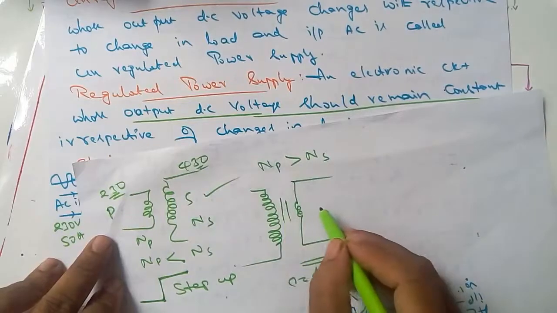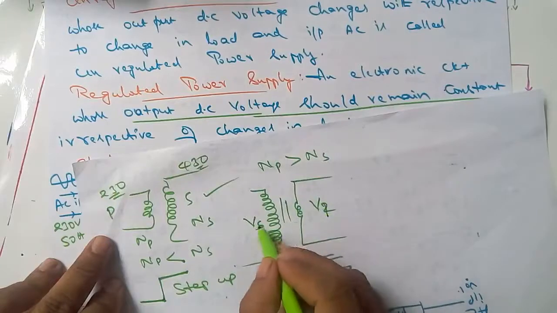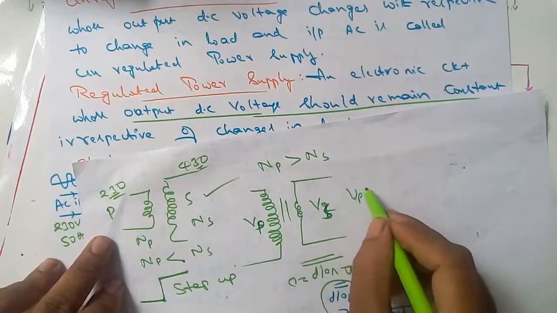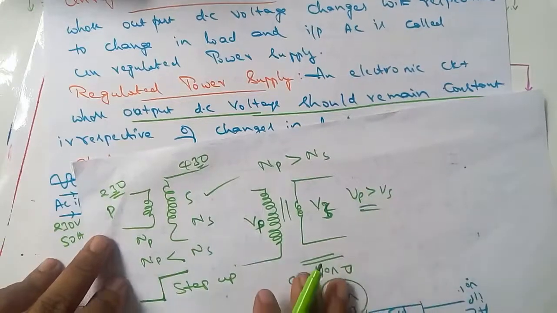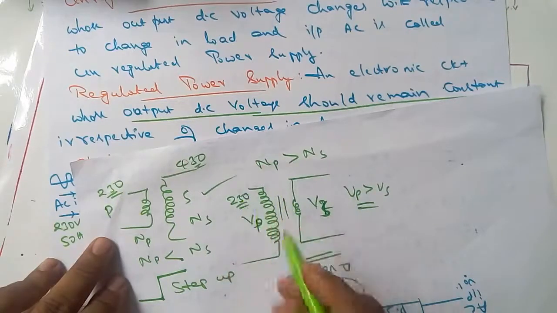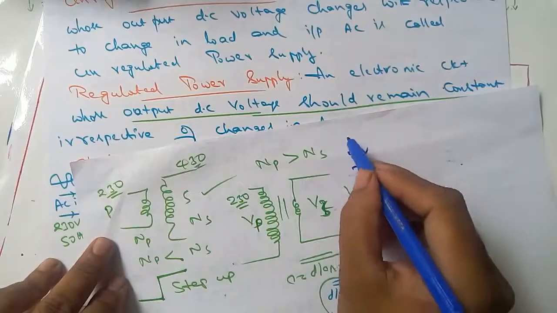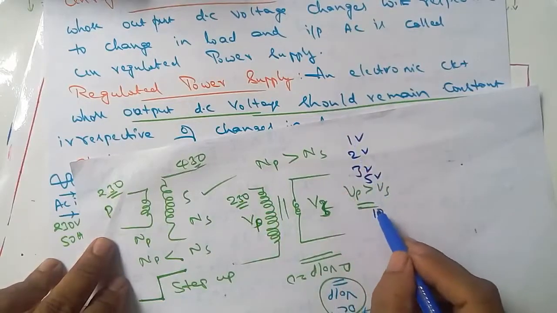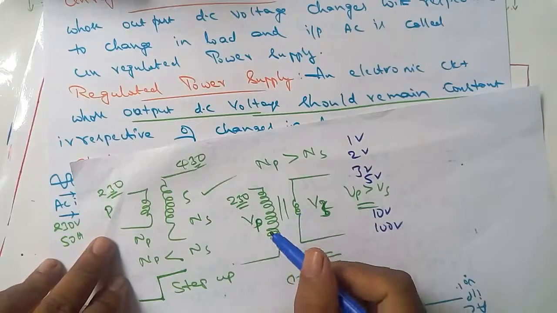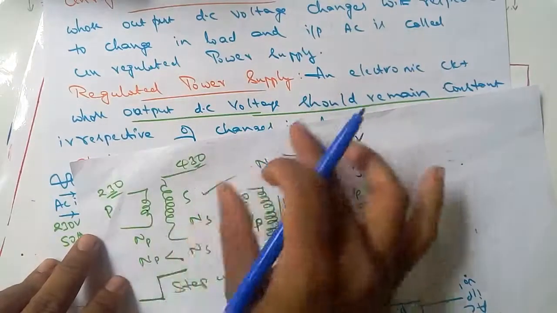Let us suppose this is Vp and this one is Vs. Then obviously Vp is greater than Vs. For example, if Vp is 230 volts, then the output may be 3 volts, 2 volts, 1 volt, 5 volts, 10 volts, 100 volts, your wish. That depends upon the number of turns.